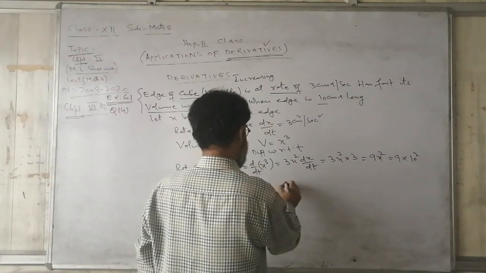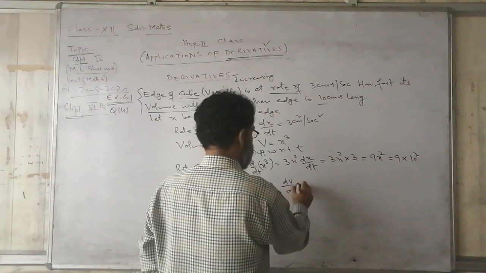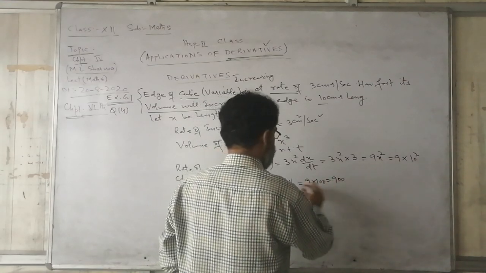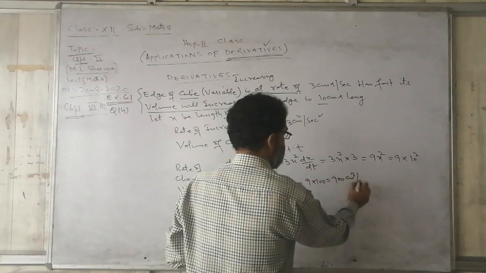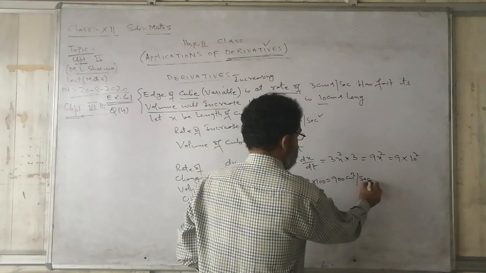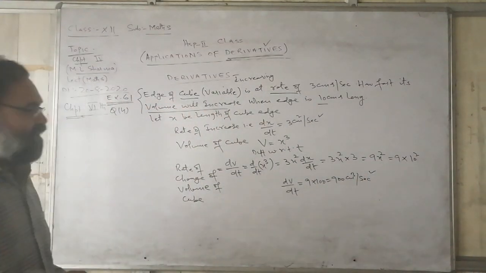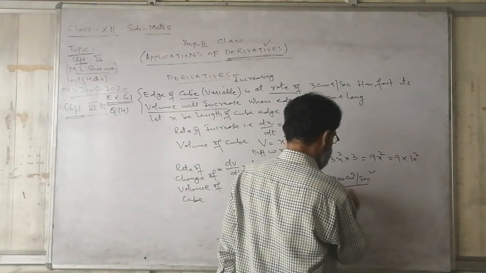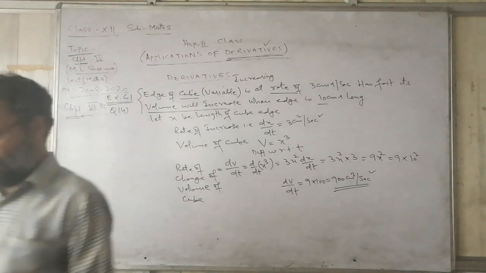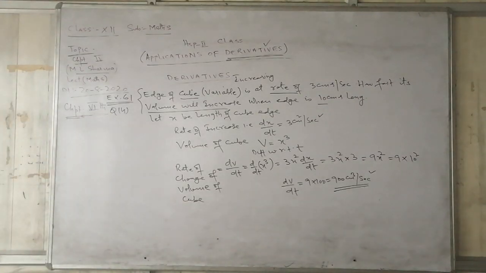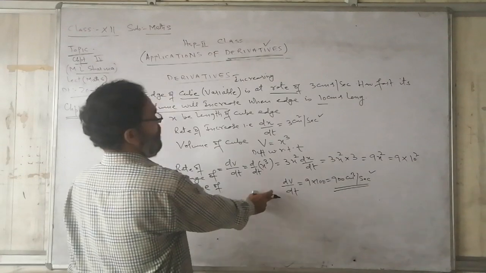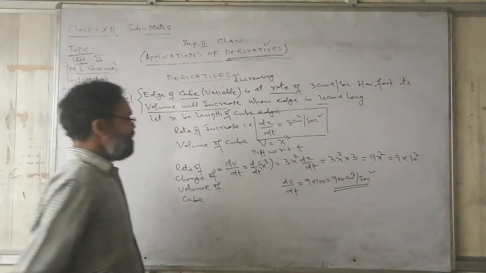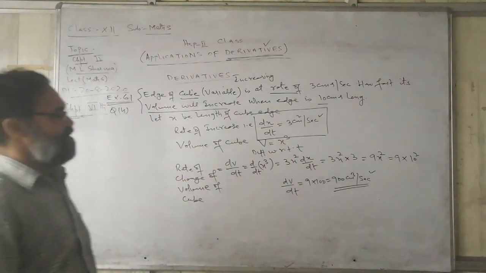So ultimately dV upon dt comes to be 9 into 100, it is 900. Now volume is in cube, so centimeter cube per second. So this means the volume of the cube will increase by 900 centimeter cube per second. So this will be the change in the volume of the cube when its edge is increasing at the rate of 3 centimeter per second.